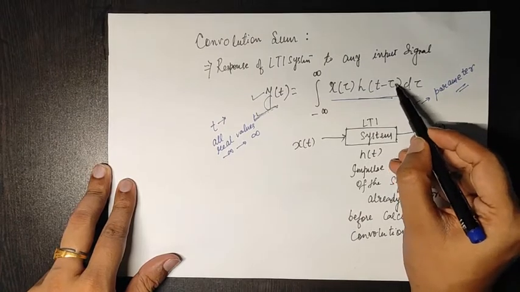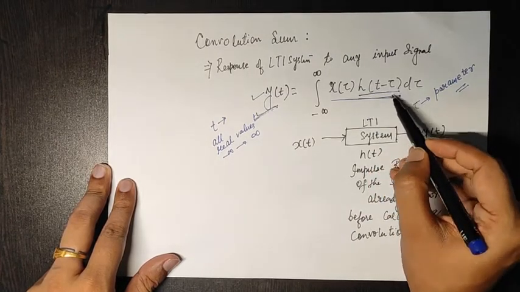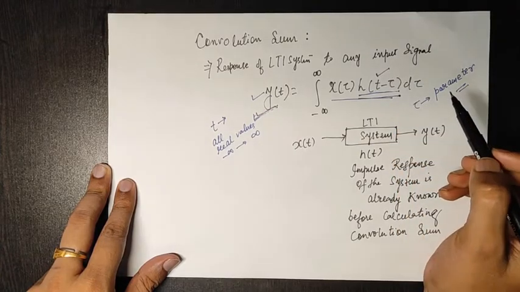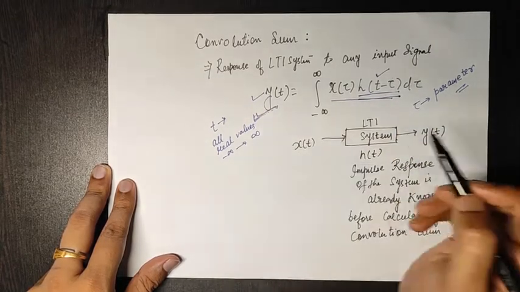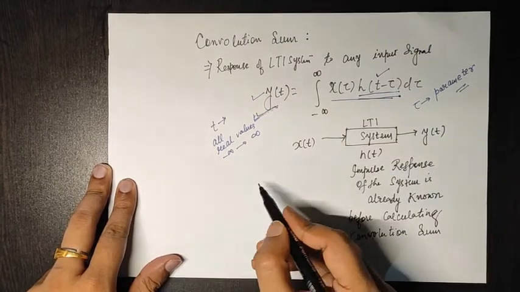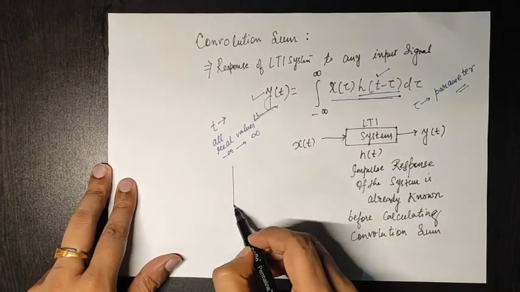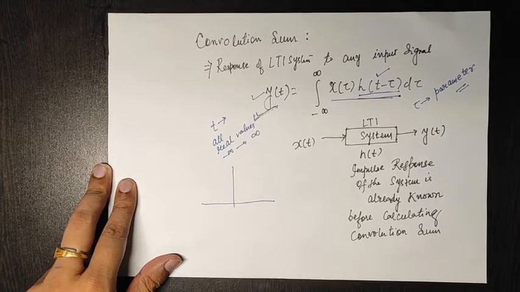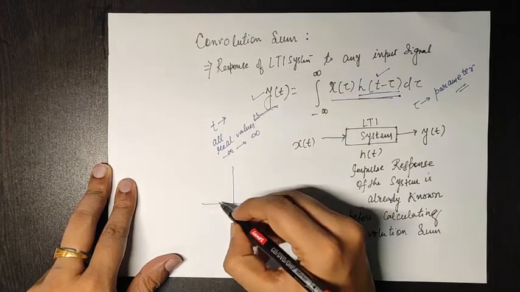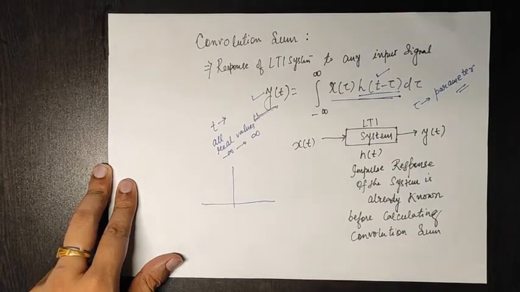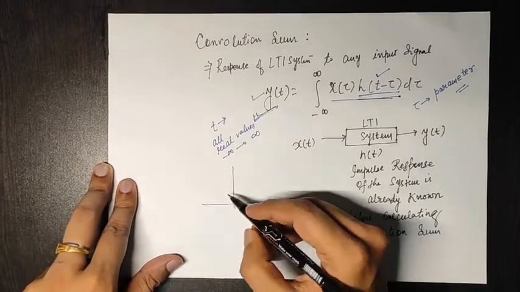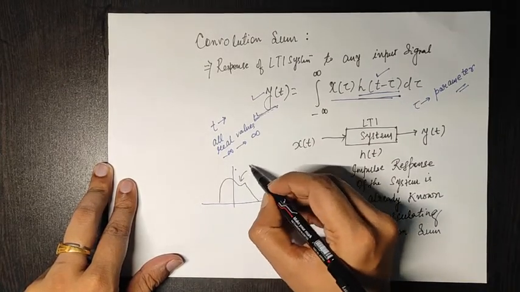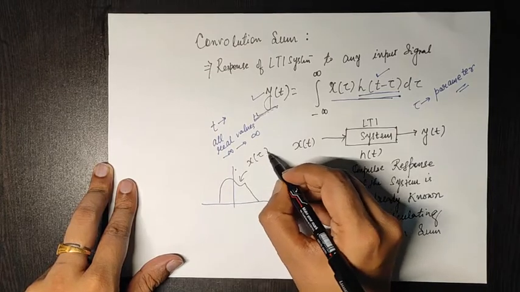That means h tau is being shifted by t units, so t must vary from minus infinity to infinity. Then what's happening here? Suppose this signal is x of tau.